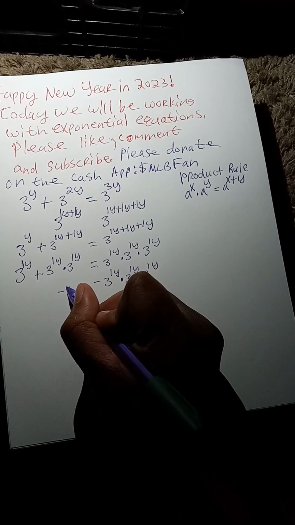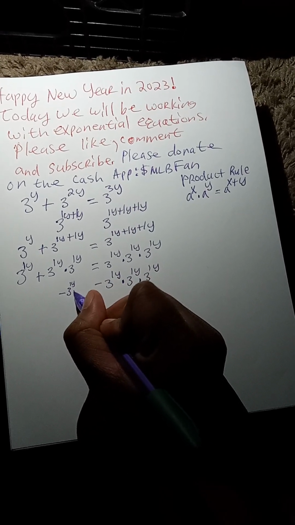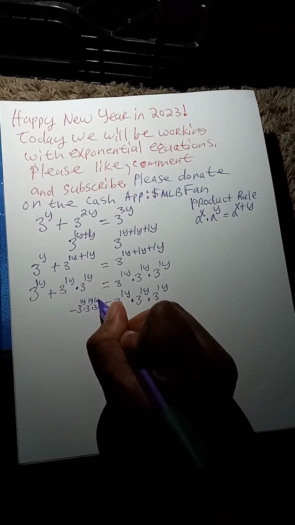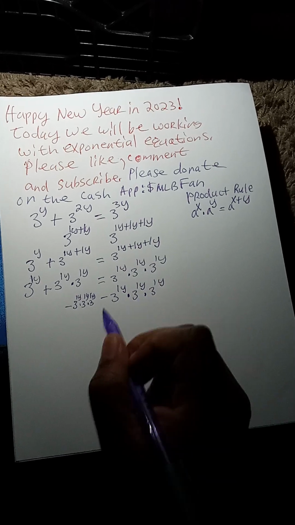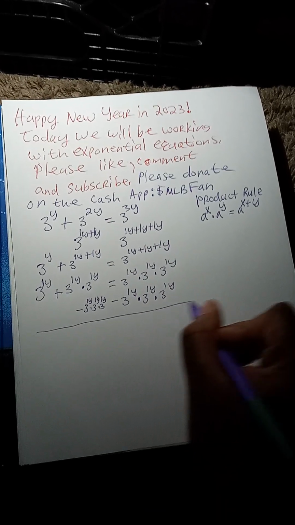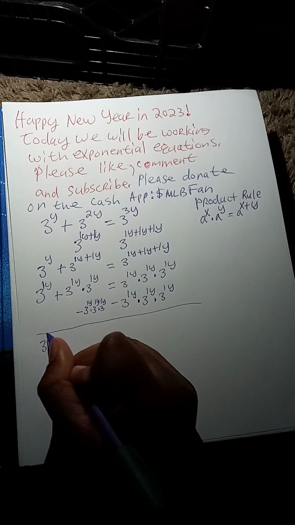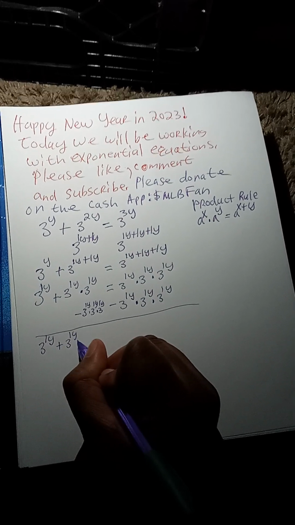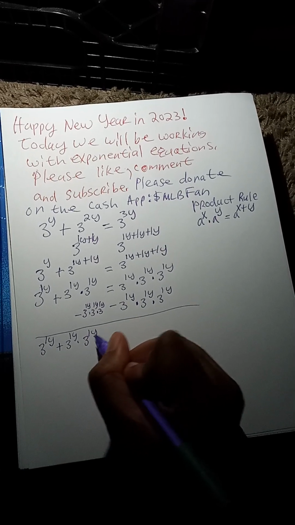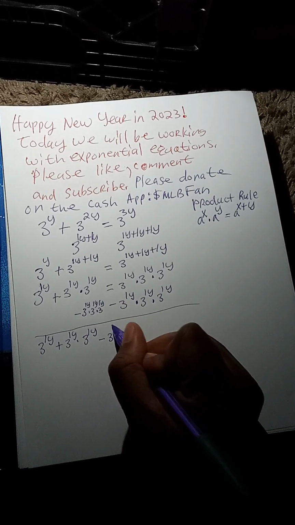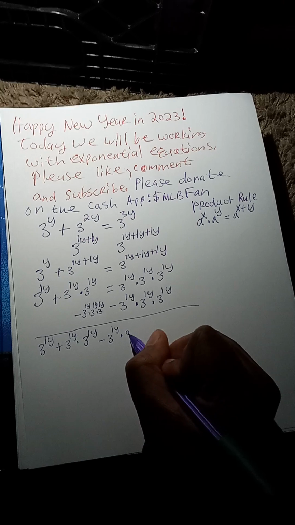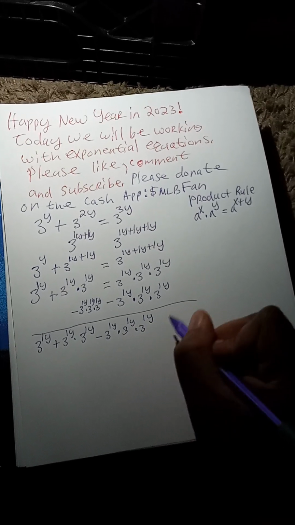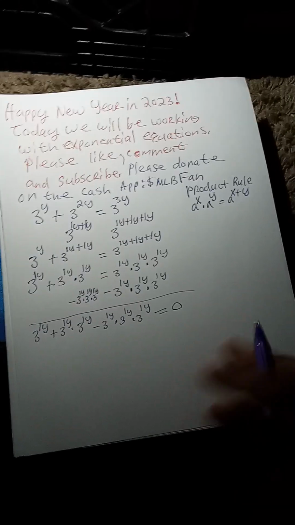So minus 3 to the 1y times 3 to the 1y times 3 to the 1y. Now 3 to the 1y plus 3 to the 1y times 3 to the 1y minus 3 to the 1y times 3 to the 1y times 3 to the 1y is equal to 0.